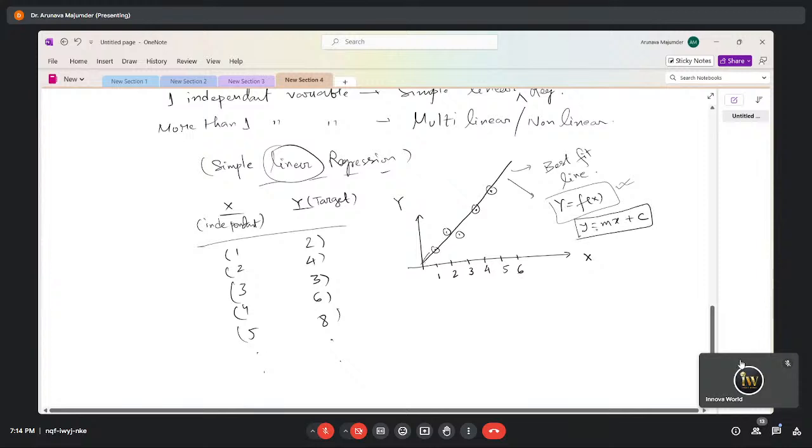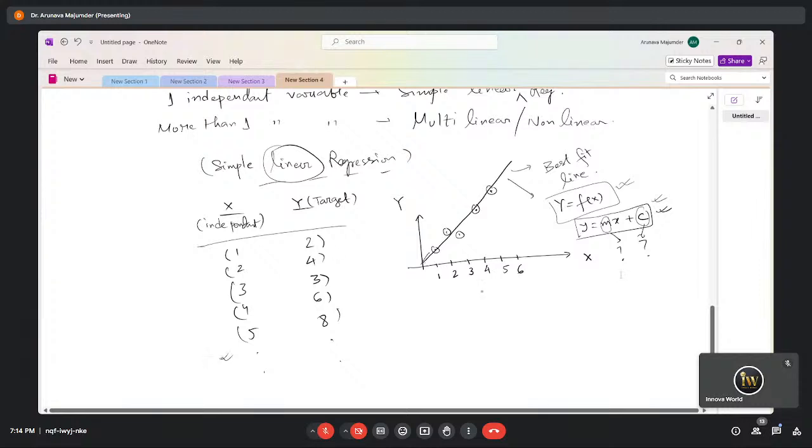We know that this is the equation of a straight line. We need to find the value of m and the value of c. This is the main target of this modeling. If we find this model, it will be the optimal, best fit model for this particular data set.